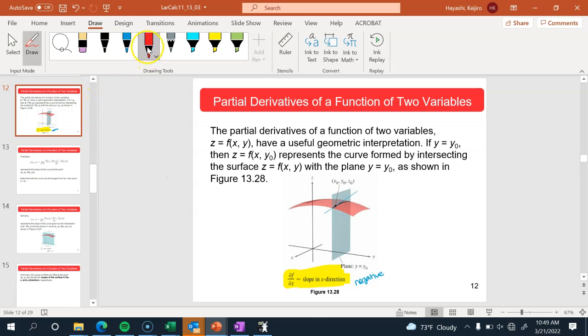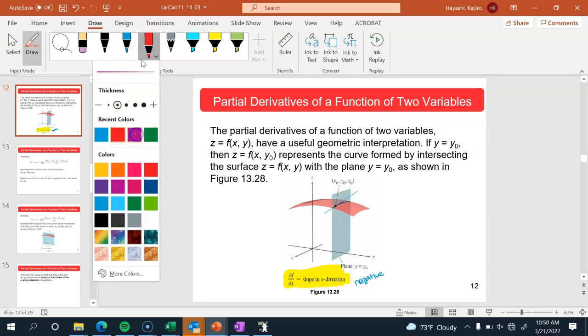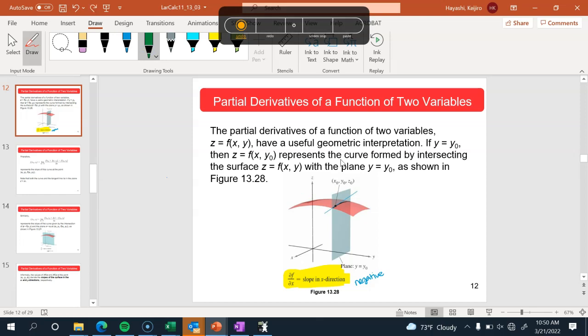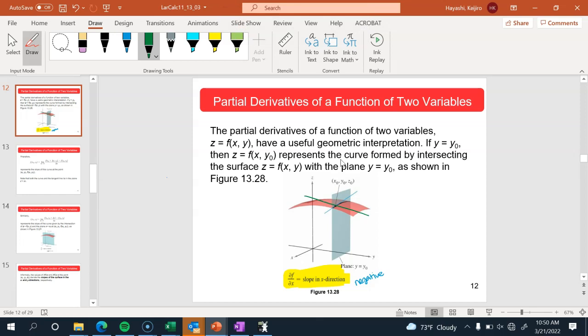If you were to measure the partial derivative with respect to y, it would probably form a line like this, and it would also be negative.